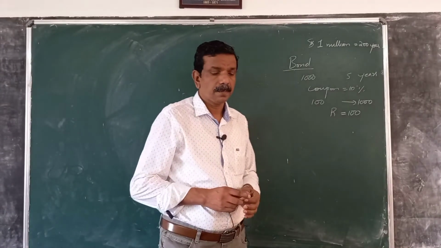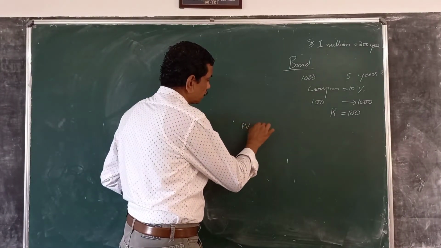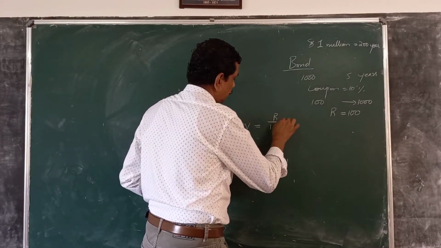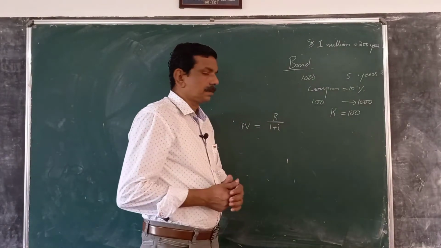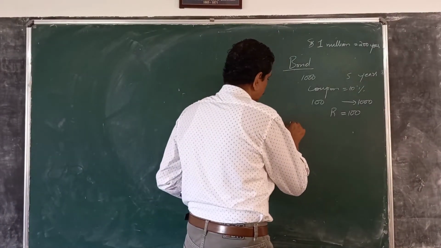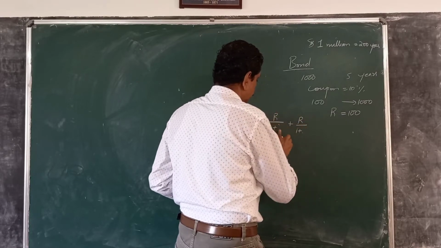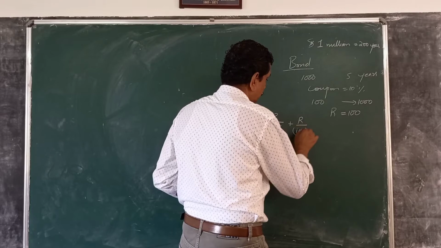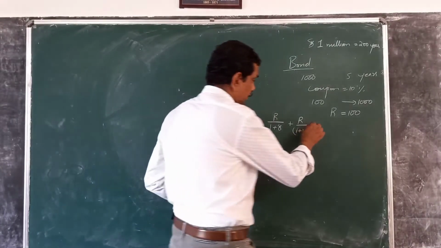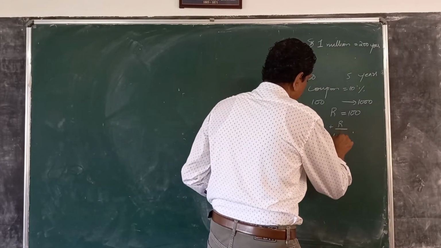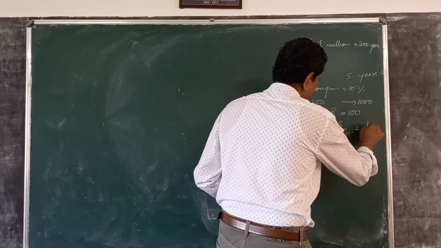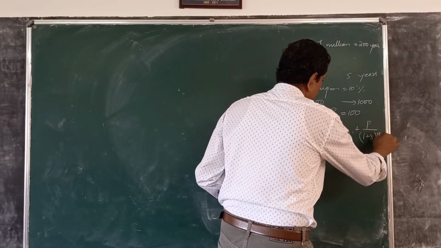Then the present value of the bond is equal to R by 1 plus i, where i is the discount rate, plus R by (1 plus i) square, plus etc., R by (1 plus i) raised to n, plus P by (1 plus i) raised to n.